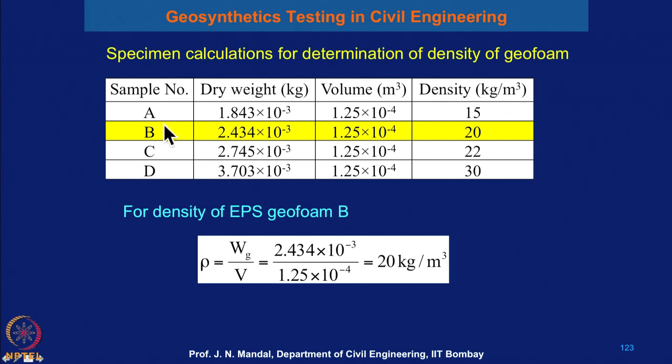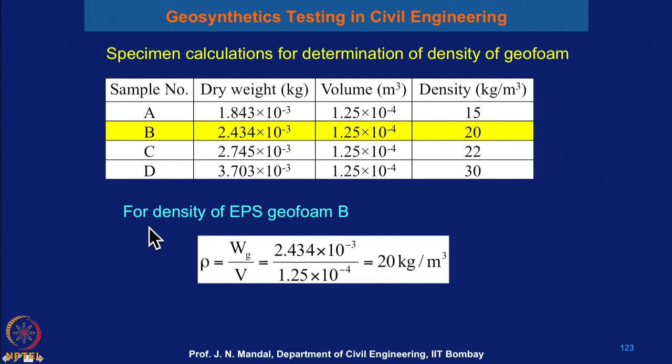You take the defined sample numbers A, B, C, D, and each has a dry weight in kg, volume in meter cube and density in kg per meter cube. For example, take sample B: its dry weight is 2.434 into 10 to the power minus 3 kg, and the volume of the geofoam sample is 1.25 into 10 to the power minus 4, and the density will be about 20.